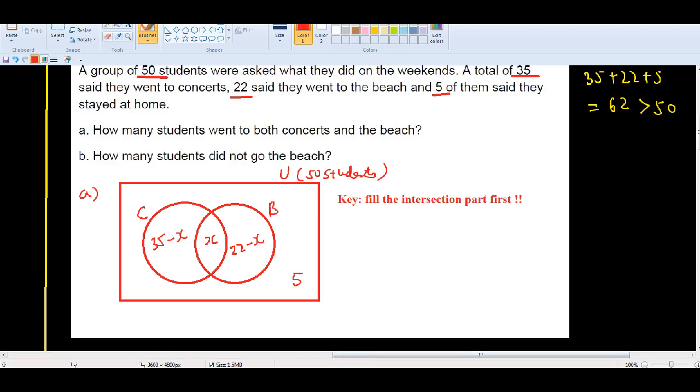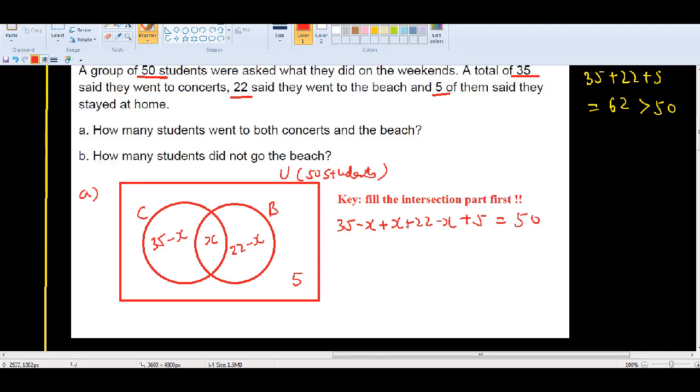So each part of that Venn diagram is an expression, if not a number. Because the total of them is 50, all you need to do now is add all these numbers together, and if you solve the equation, you get X.